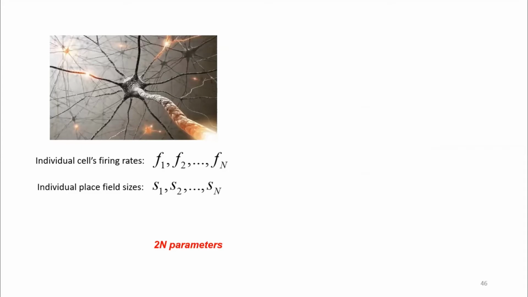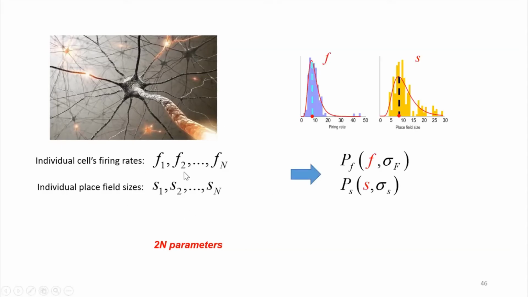Now, this is immediately a problem because imagine, in the hippocampus, there are thousands of cells active in small environments. So we immediately talk about several thousands of these parameters. But what we can do is look at the statistics of these parameters. And in that case, we can think of every individual firing rate as an instance of a random variable. What is important is not the actual value of f, the firing rate, or s, the place field size.